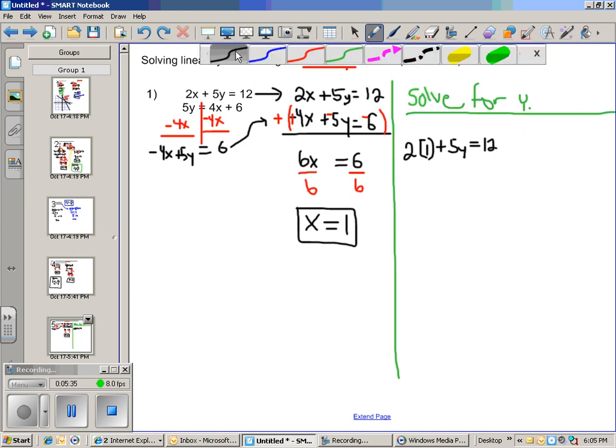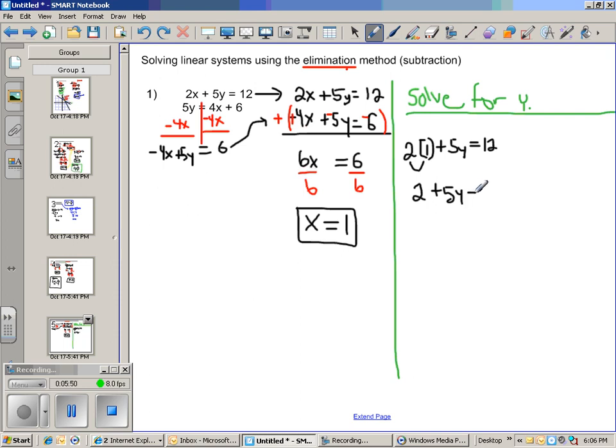And just like all the other methods that we've had before, now we need to solve for y. So this is our algebra process. Multiplication comes first. We have 2 times 1 is 2, plus 5y is equal to 12. And what we're looking at here is a 2-step algebra problem.